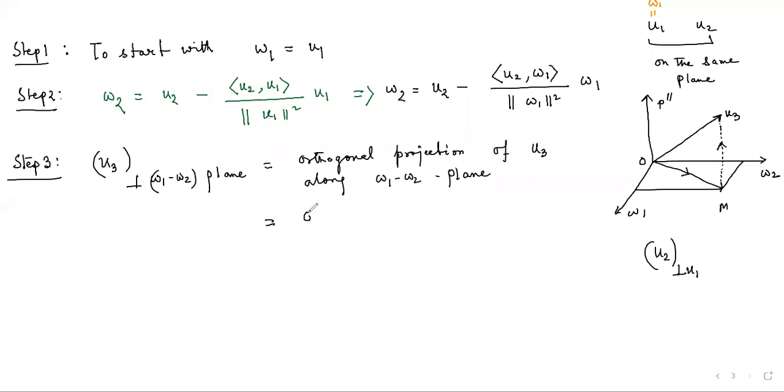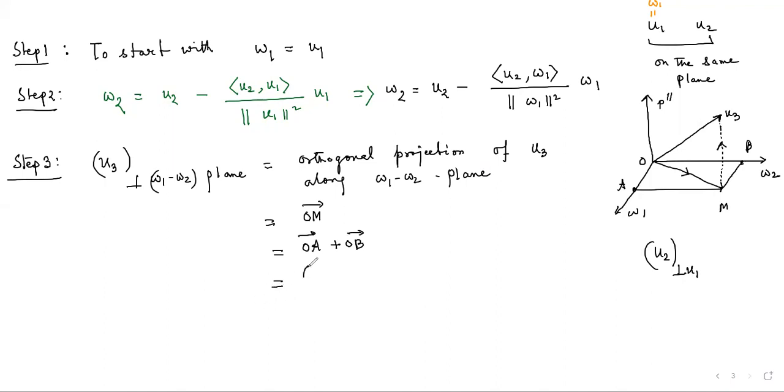So we can write the OM vector as the OA vector plus the OB vector, using the parallelogram law.